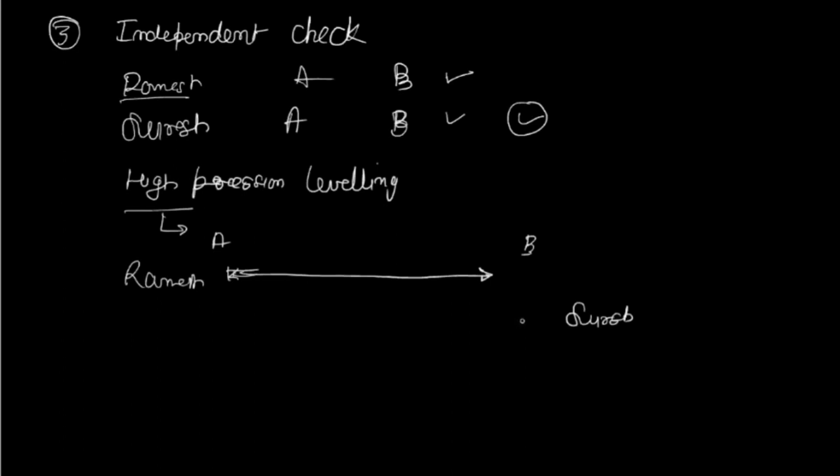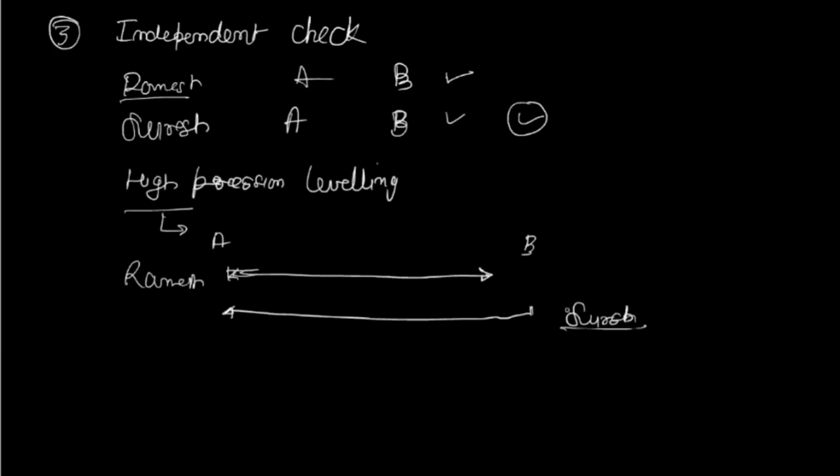Once Ramesh has completed, after some period, Suresh will start the leveling from B to A, and we will check whether the difference between A and B done by Ramesh and the difference obtained by Suresh are within tolerable limit or not.